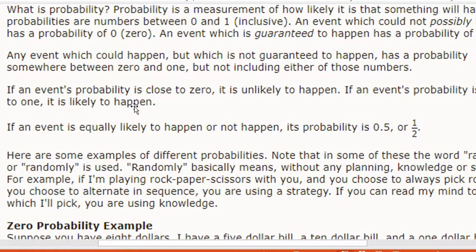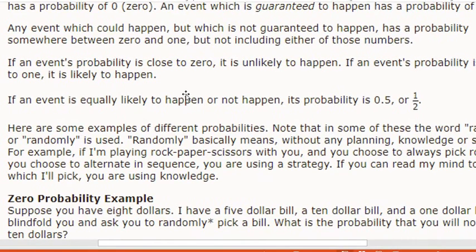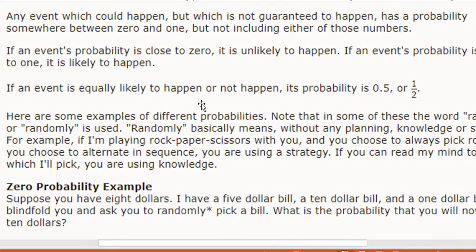If an event's probability is close to 0, it's unlikely to happen. If an event's probability is close to 1, it's likely to happen. If an event is equally likely to happen or not happen, its probability is 0.5 or half. Okay, it's clear now?